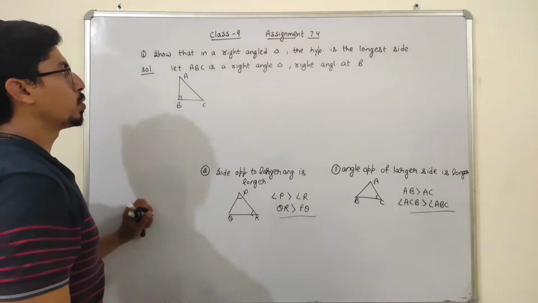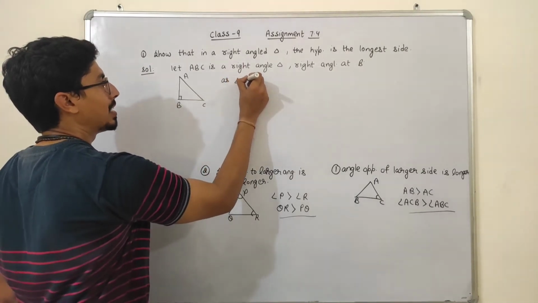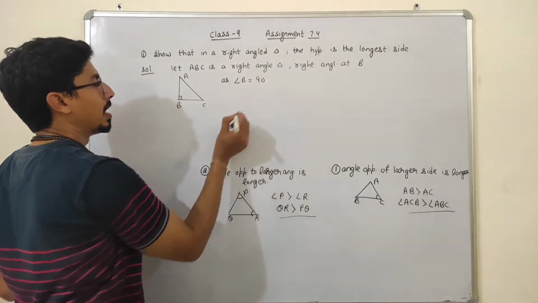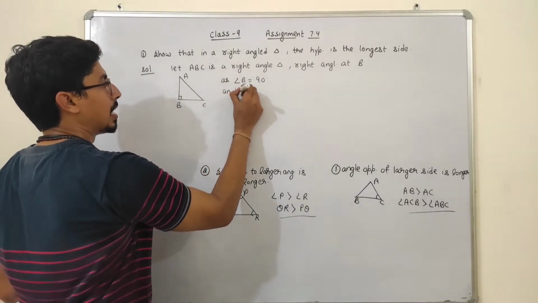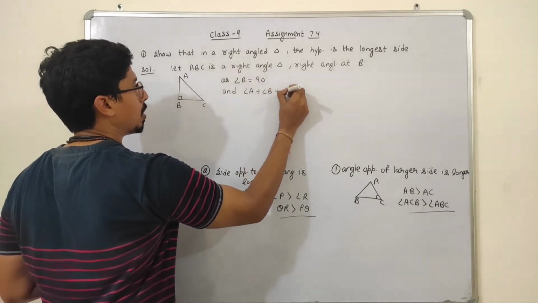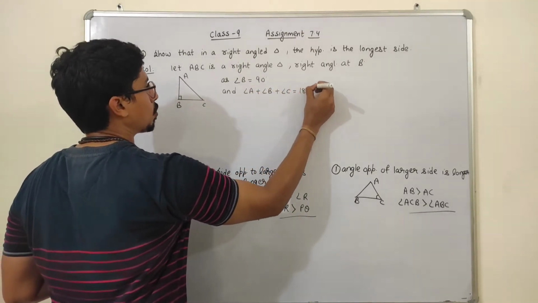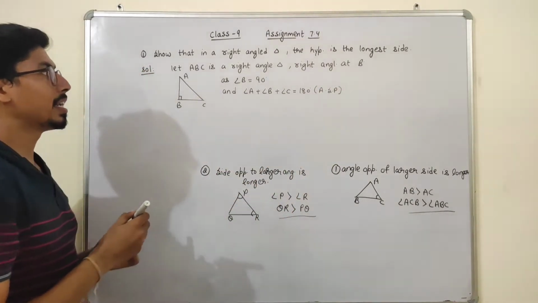Now students, as angle B is 90, I know that angle A plus angle B plus angle C is equal to 180 degrees because of the angle sum property of a triangle.